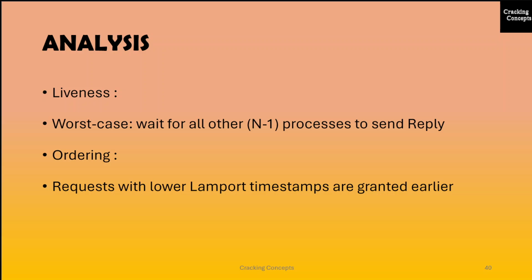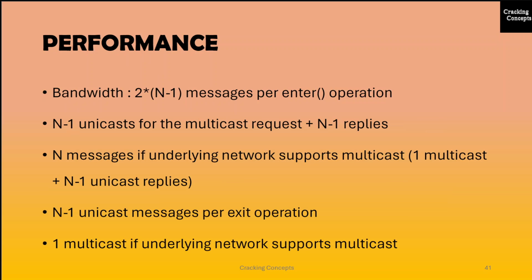The ordering property is also ensured here by the fact that requests with a lower Lamport timestamp are granted access earlier. Now when we look into the bandwidth, we can see that it is 2 into n-1 messages per enter operation.